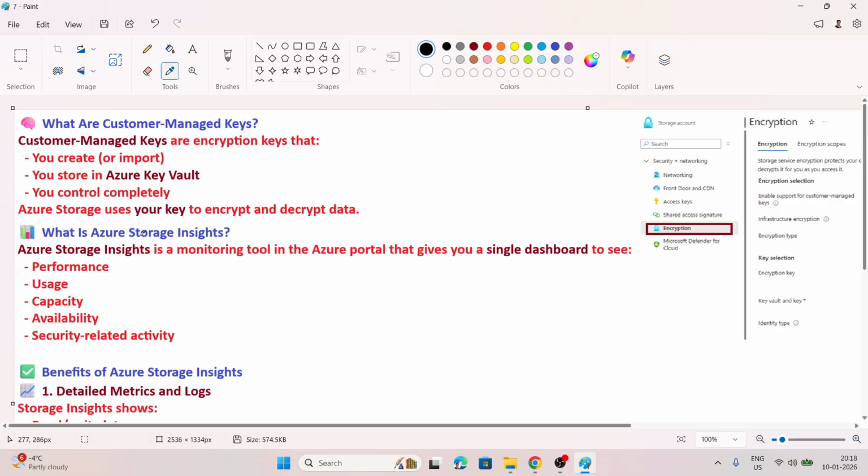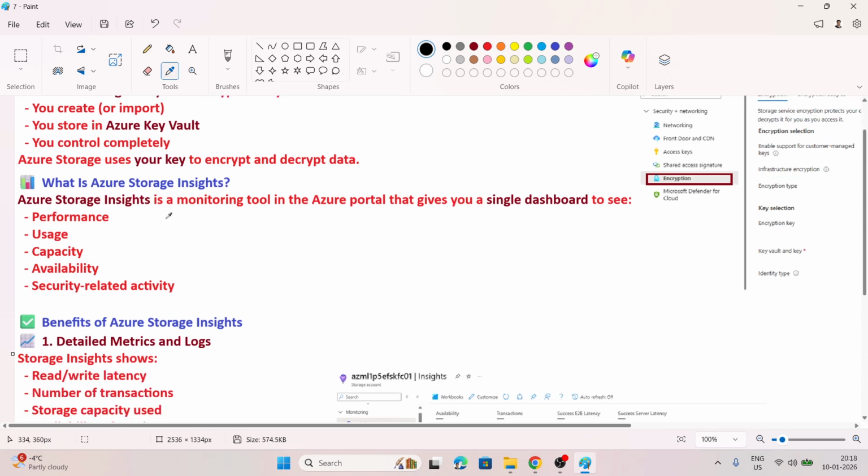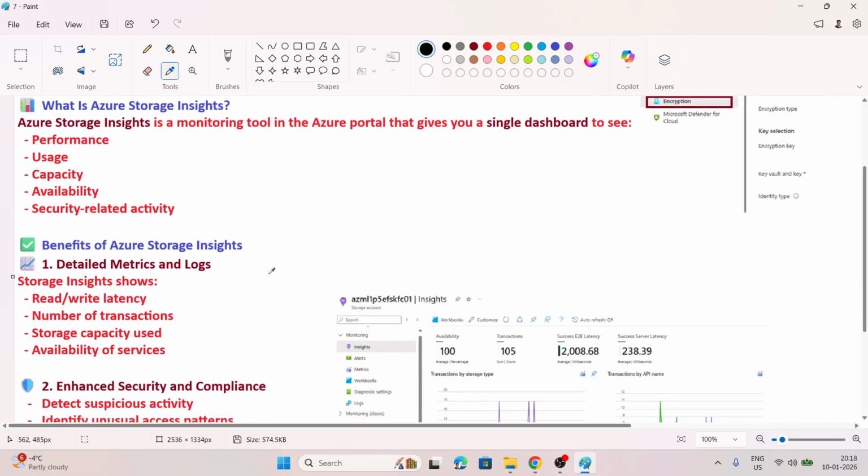Then Azure Storage Insights. Azure Storage Insights is a monitoring tool in the Azure portal that gives us a single dashboard to see performance, usage, capacity, availability, and security related activity for our storage account.